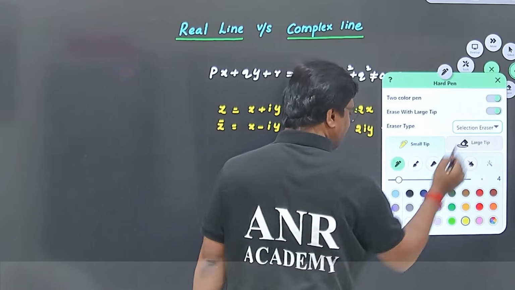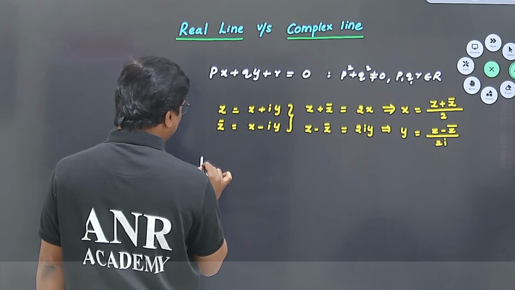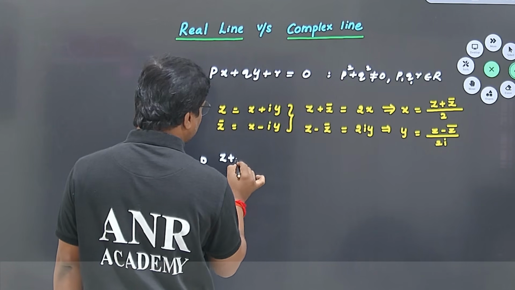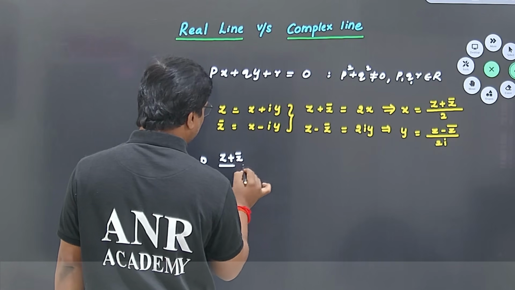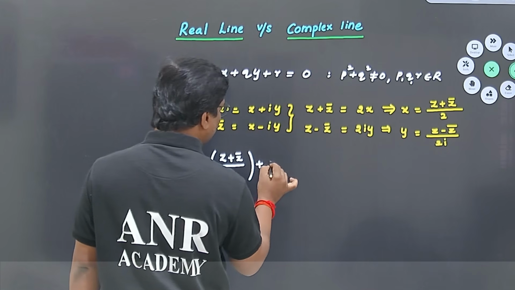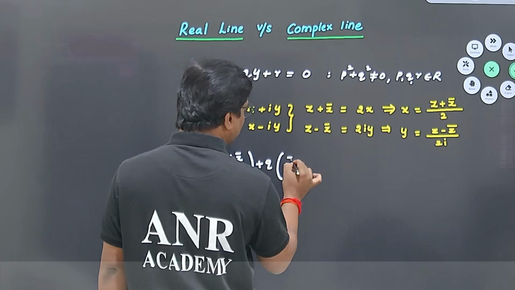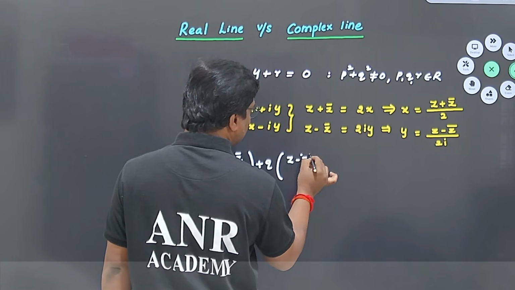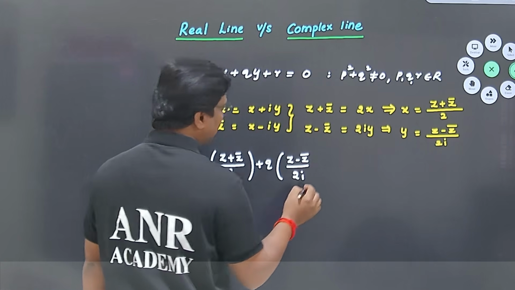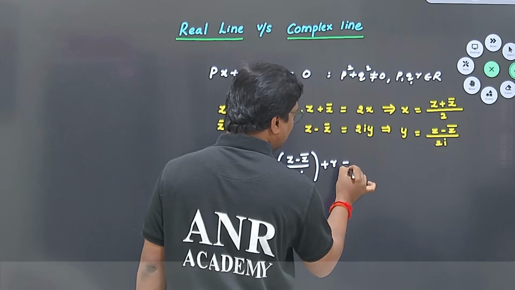Let us move on to substitution. P times the x value, z plus z conjugate divided by 2, next q times the value of y, z minus z conjugate whole divided by 2 times iota, plus r equal to 0.